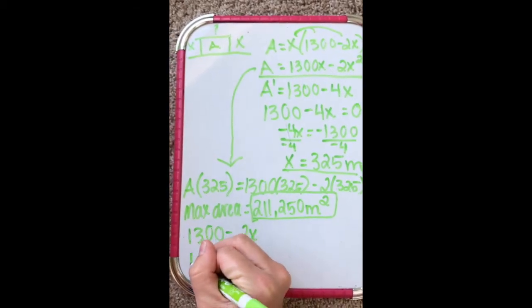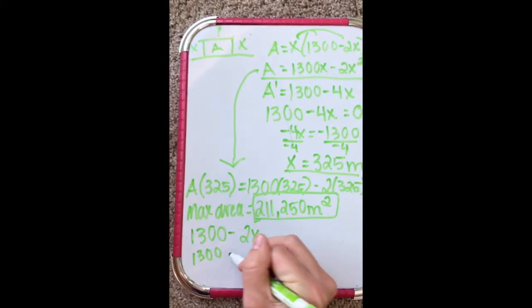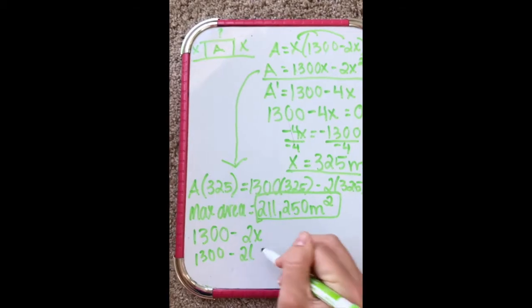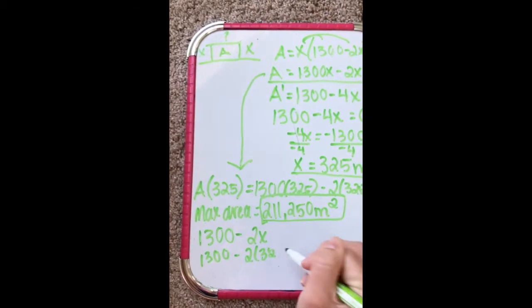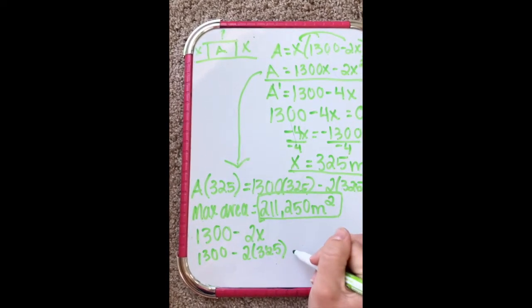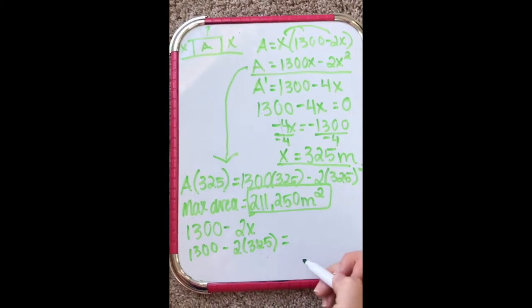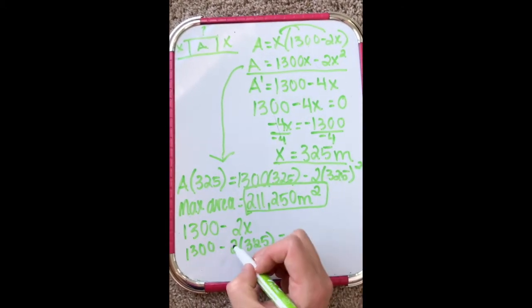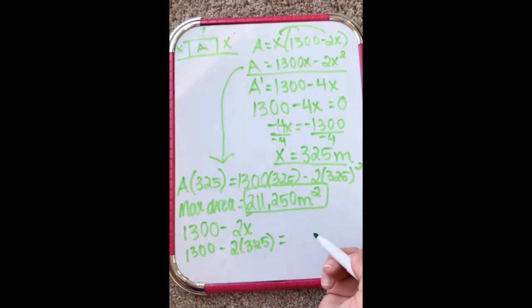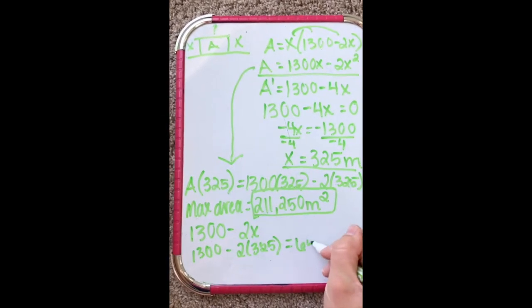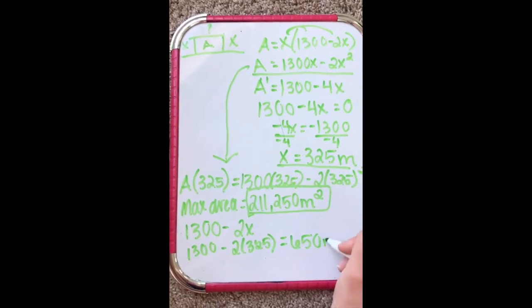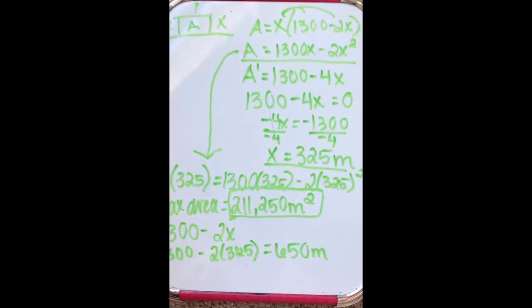So that becomes 1,300 minus 2 times 325. And you multiply these and subtract it from that, and it becomes 650 meters.